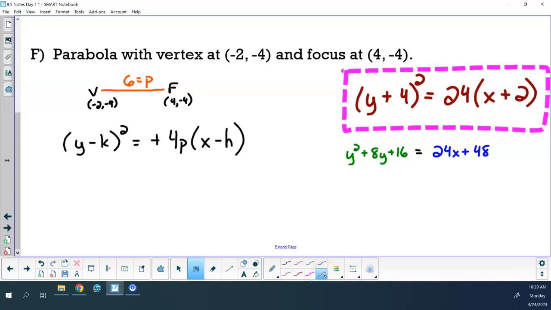So we would say here then y squared plus 8y minus 24x. Oh, would that be negative 32? That would be this week's way of writing that exact same thing.